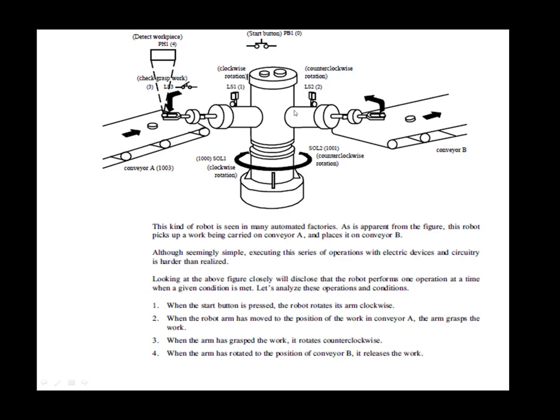What I mean by instrument, for example, if you're at the right position of conveyor B, there should be some sensor, some limit switch, to identify that you're at the right position of conveyor B and it's time to release the work. And there should be a sensor at conveyor A also, to detect if you're at the right position. That is limit switch 1 doing that job, and LS2 is to detect whether you are at the right position of conveyor B.